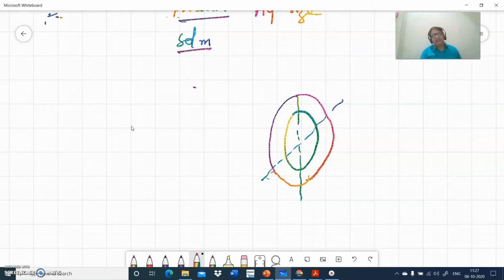This is a collar, right? A collar. Collar of what? Socket collar. And further, this will have this thing.